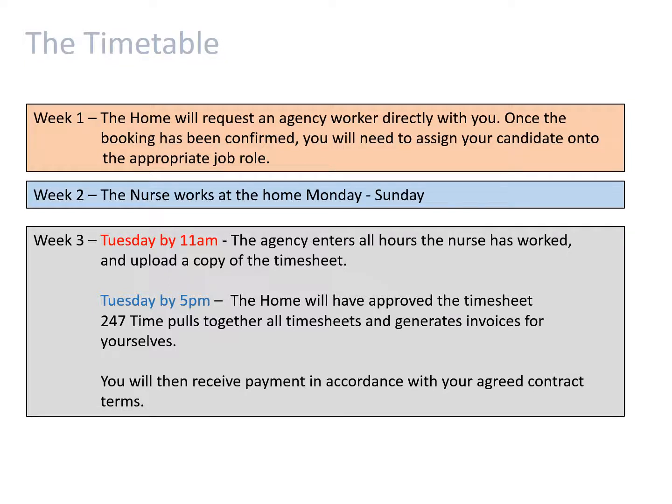And they have to do that by Tuesday at 5, because there is an automatic process that happens after close of play on a Tuesday, where the system electronically closes that week down and does what we call a consolidation, and then sends that information electronically to Barchester for processing. So it's really important that Tuesday 11 is the deadline for agencies, and Tuesday at 5 is the deadline for approvers.